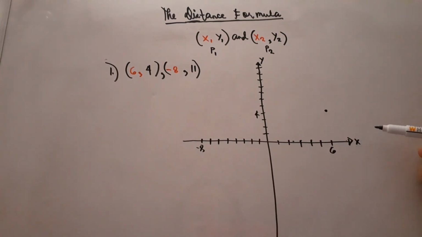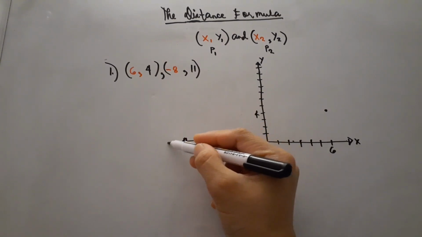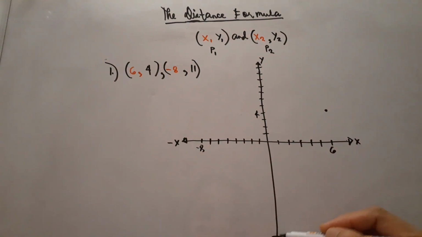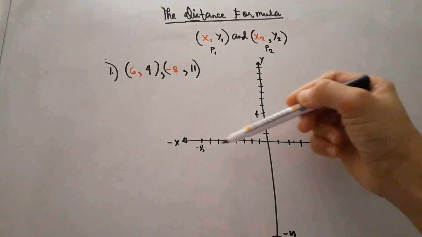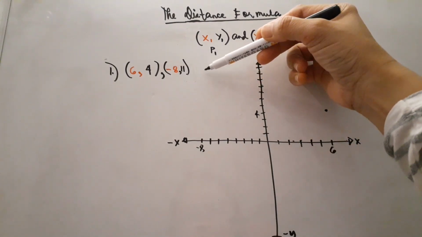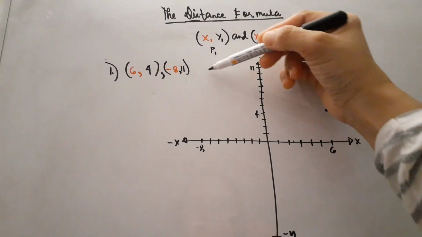This is the x-axis in the horizontal line, this is the negative axis, and here is the y-axis. I will not put it below. Let's first start with the location of our point 1 and point 2 here.